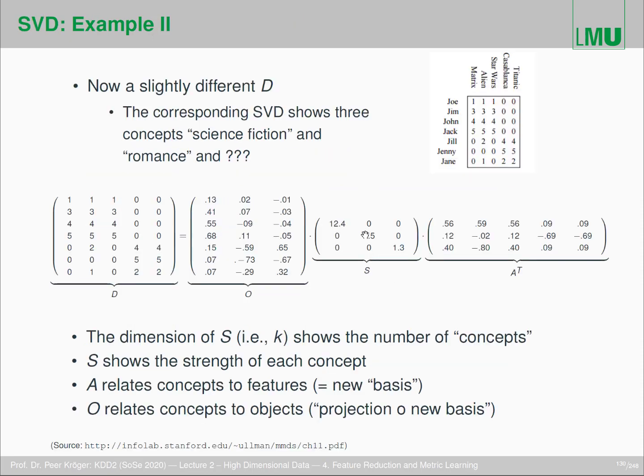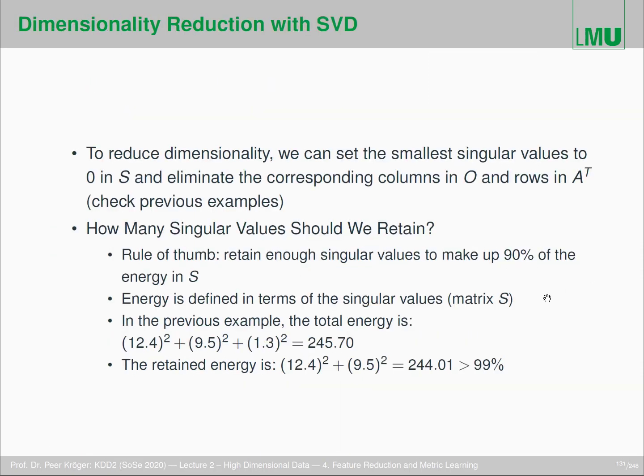Well, if we sum up the squared singular values, so 12.4 squared plus 9.5 squared plus 1.3 to the power of 2, the sum of the squared singular values is the total energy of the singular value matrix. In this example, that sums up to 200 something.